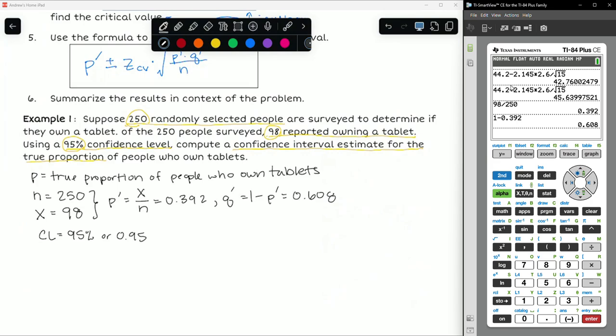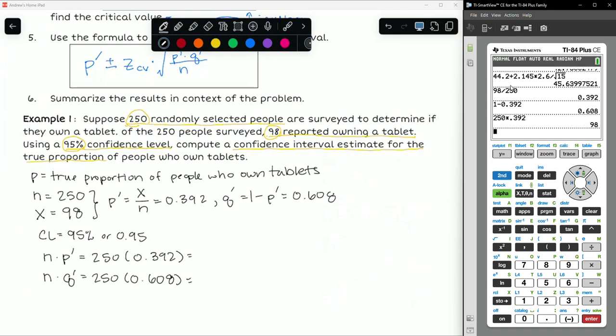Next, I need to check, is n times p prime greater than or equal to 5, and is n times q prime greater than or equal to 5. So 250 times 0.392 and 250 times 0.608. And I already know that 250 times 0.392 is just going to spit out 98.